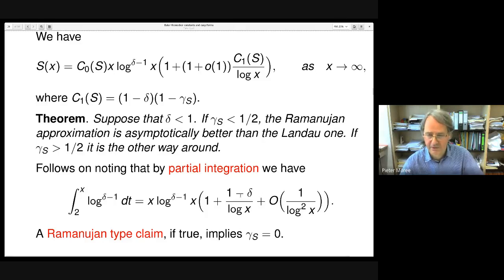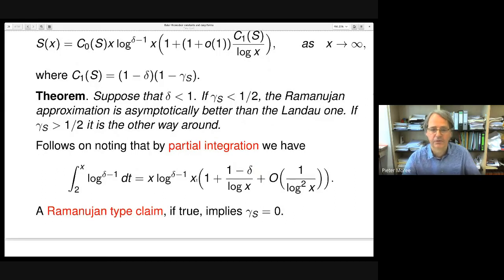So Landau says it's 0, Ramanujan says it's 1 minus delta, and reality says it's 1 minus delta times 1 minus gamma. And then from that you arrive at this criterion. So of course, if my gamma would be 1 here, then this thing would be 0. And that means that we are really on the side of the Landau approximation.